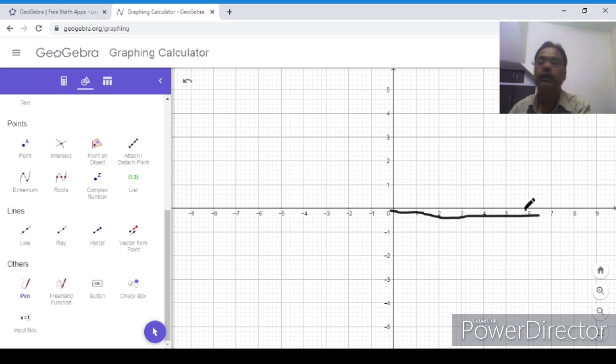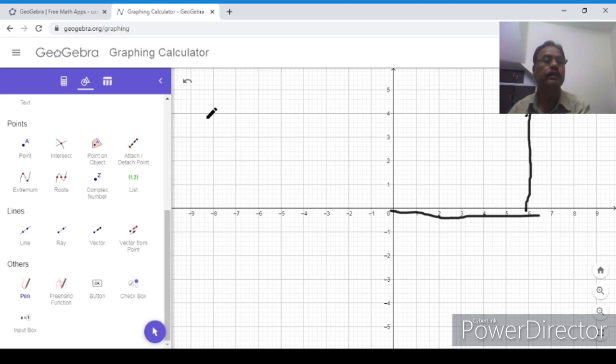And 6, 4. 4 units to the y-axis, positive side. So we are moving positive side 1, 2, 3, 4. 4 units to the positive side. This is the point whose coordinate is 6, 4.